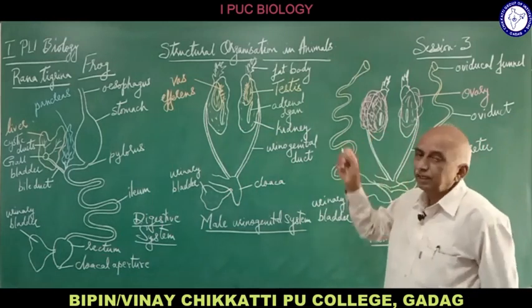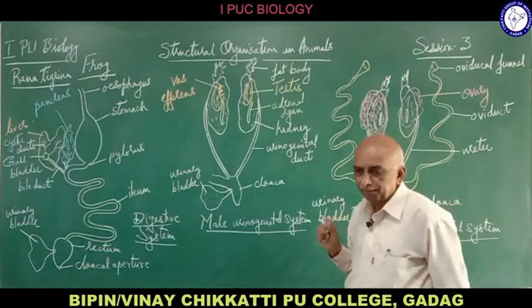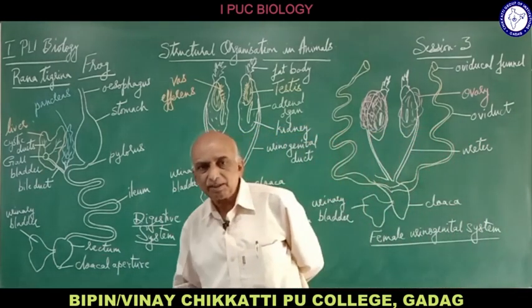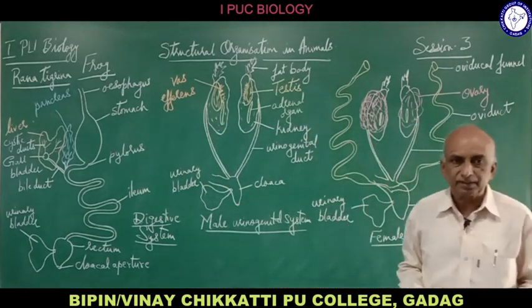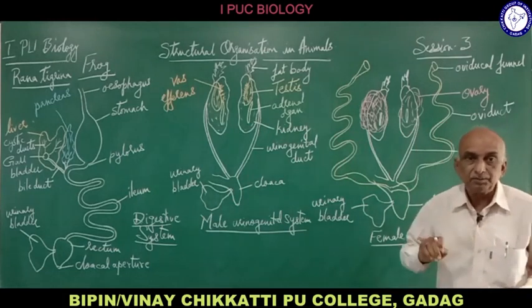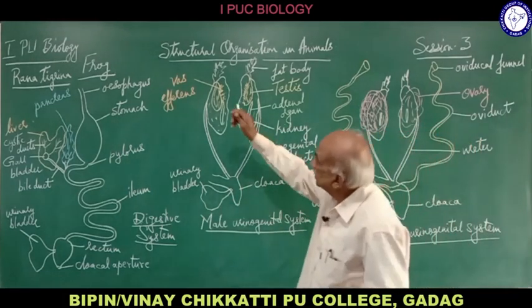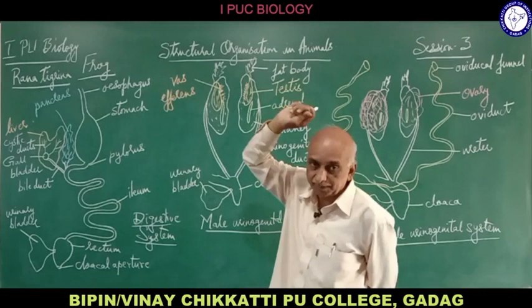In both the male and female we come across these fat bodies. They are not associated with the reproductive system, but they are accessory structures present on the anterior part of the kidneys.